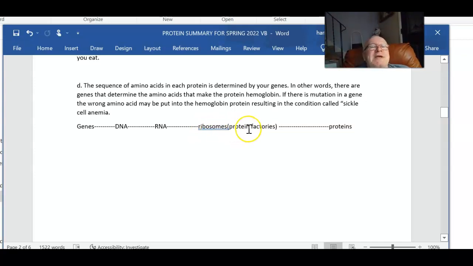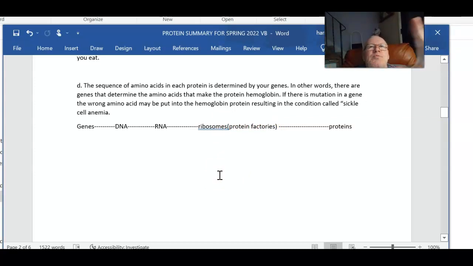They're essentially the protein factories in the cytoplasm. Now, since the RNA has a code on it, it goes over to the ribosomes, and between the code that's on the RNA and the ribosomes, the protein factories, the amino acids that are floating around in the cytoplasm.